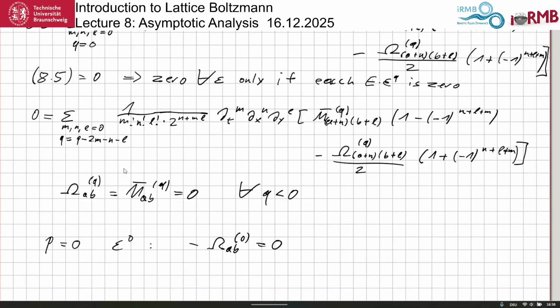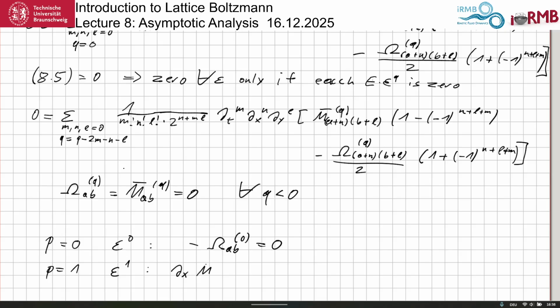So now we go step by step. We put p equal to 1. That means we are looking at the terms that are with epsilon to the power of 1. Now what drops out of this equation is, first we get dx of m. So we don't get a dt. Yeah. So we don't get a dt because we have here 2m.